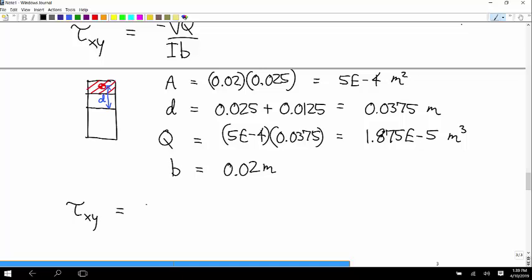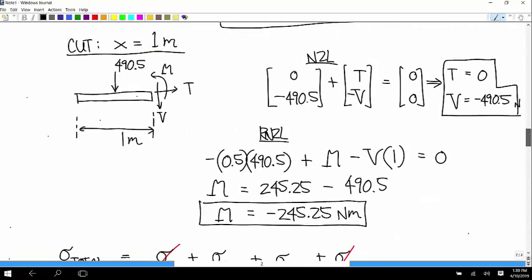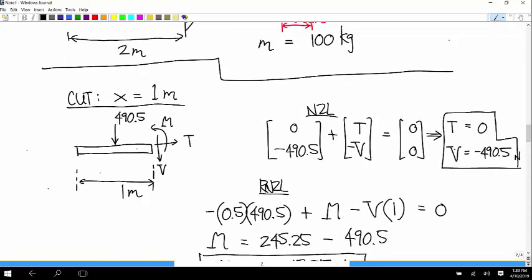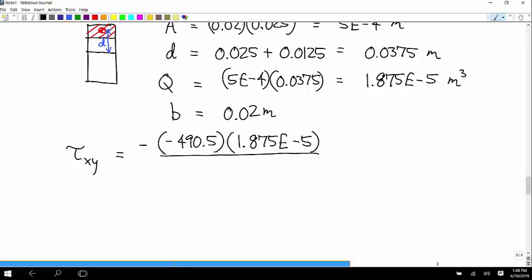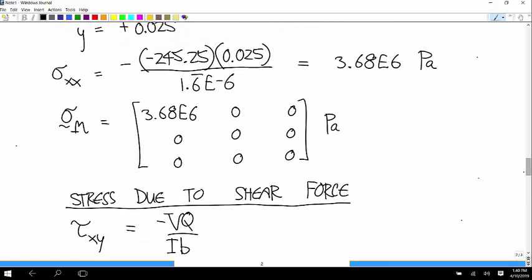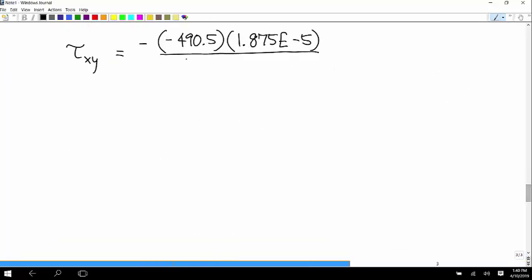Tau xy is equal to negative shear force, so negative of negative 490.5 times Q, 1.875 times 10 to the minus fifth, divided by I, 1.6 repeating times 10 to the minus 6 times B.